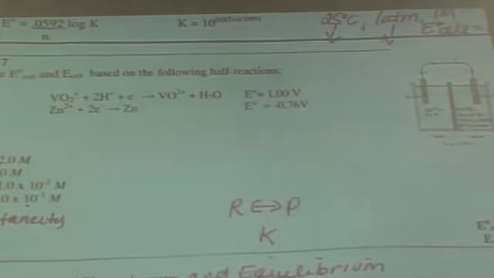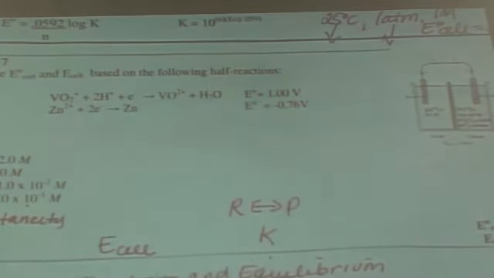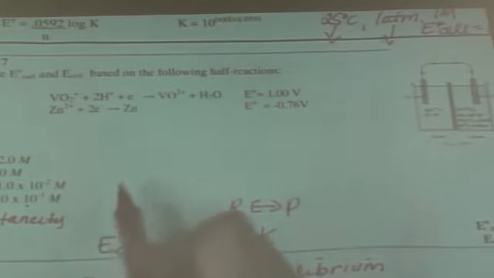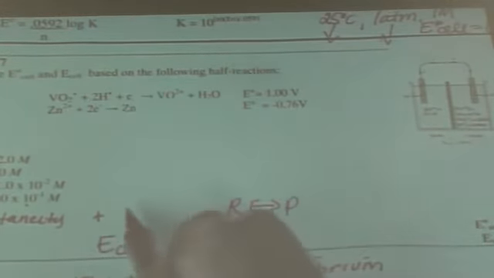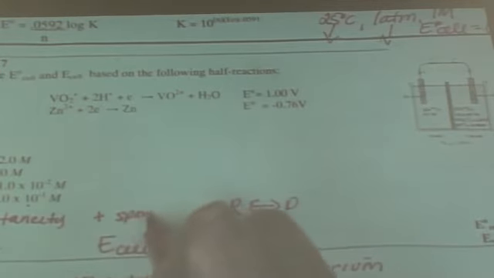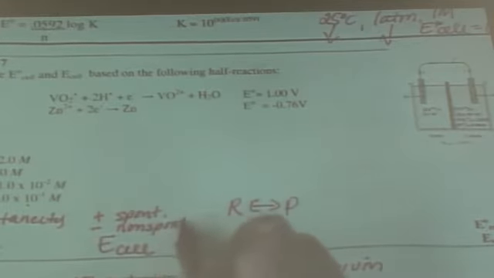Now we're going to talk about electrochemistry, and the E cell potential, specifically in a redox reaction. A positive value tells us that it is spontaneous, and a negative value tells us that it is non-spontaneous.